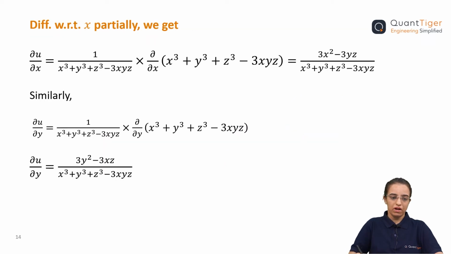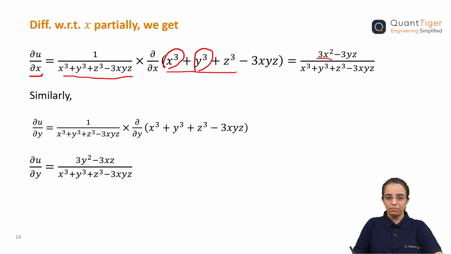So here if I am differentiating this given function u with respect to x, the partial differentiation is 1 upon x. और उसके बाद में जो ये फंक्शन है पूरा उसका differentiation मैंने इस bracket में लिख दिया है with respect to x. So now if I differentiate this function with respect to x, this term definitely I have to differentiate because it's an x term, so it will be 3x square. y will be constant, so this will become 0.